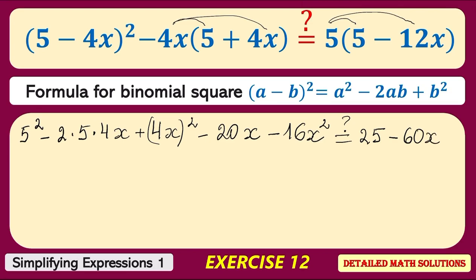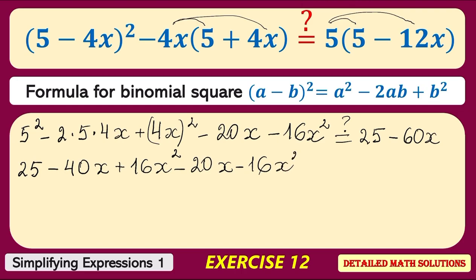When I simplify further, this equals 25 minus 40x plus 16x squared minus 20x minus 16x squared. And I need to prove that this equals 25 minus 60x.